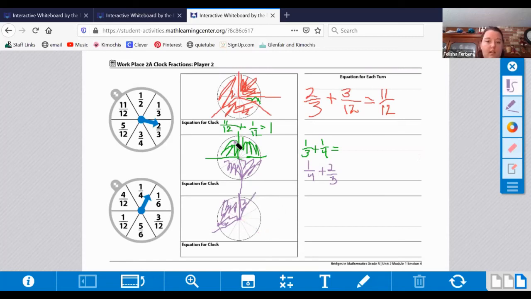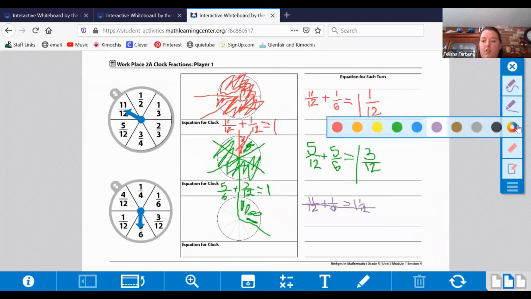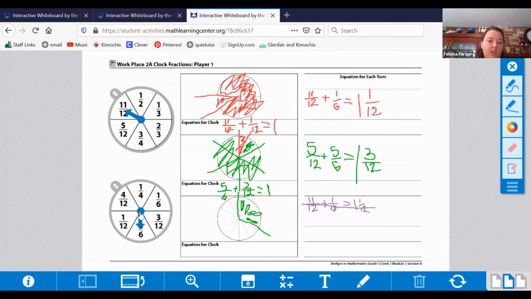All right, so this clock is now full. This clock shows 1/2 plus 1/2. Because you're going to write the equation based off of what the colors look like. 1/2 plus 1/2 equals 1 whole. All right, back to player 1. See if they can win. Change the color to blue. 1 and 2, 4/12 in a row. 11/12.